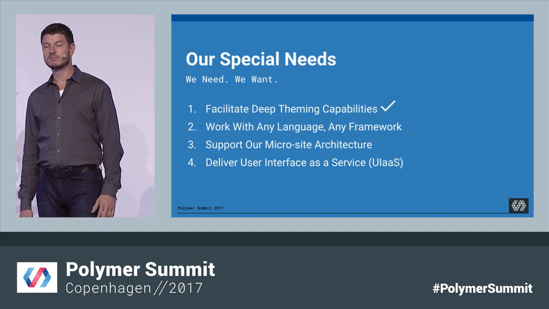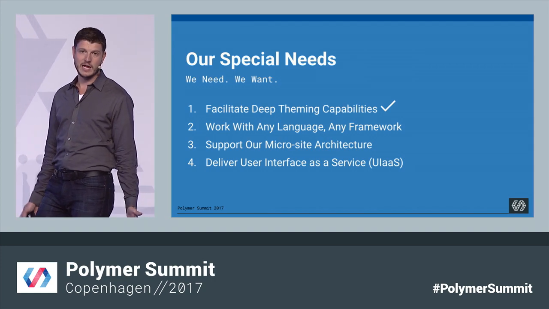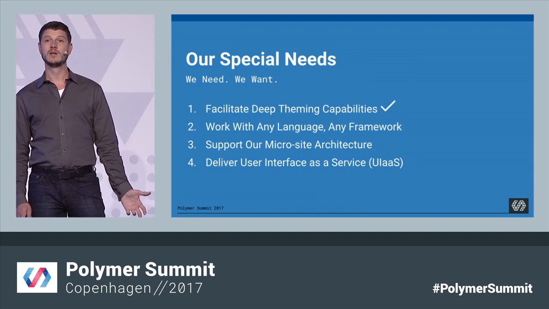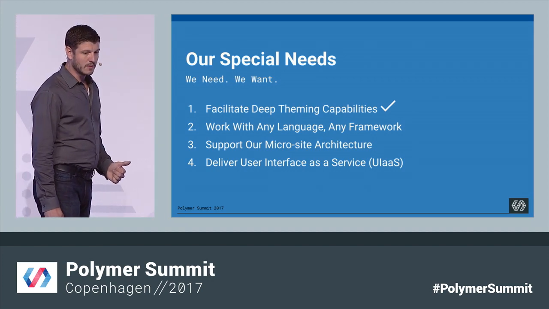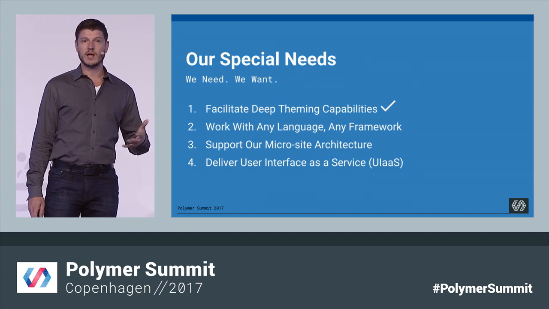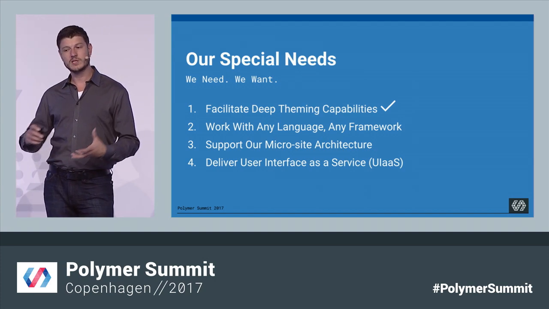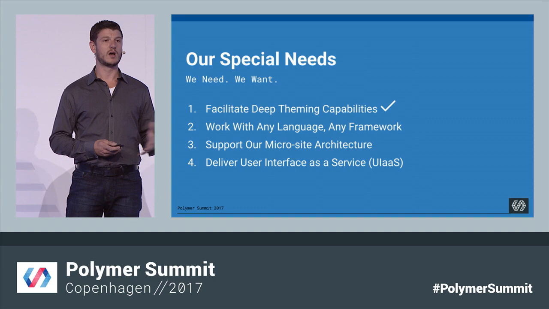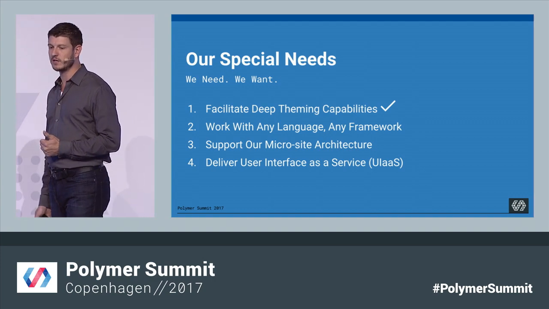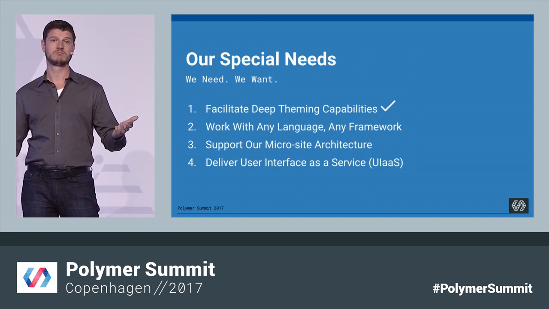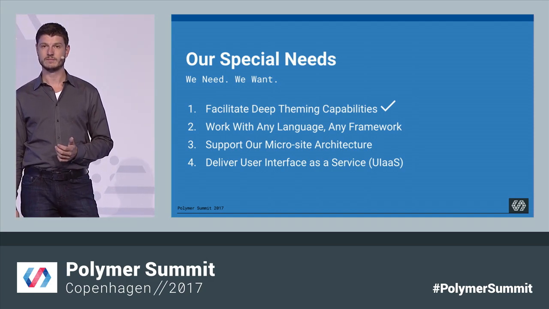So hypothetically, anybody or anything that can put an HTML tag into a document could technically use our components built with Polymer. Oh, and all the CSS, HTML, and JavaScript is bundled up together into an HTML import for client-side inclusion, so no tie-in to any specific back-end or front-end language or framework needed. Awesome. This is sounding really good.